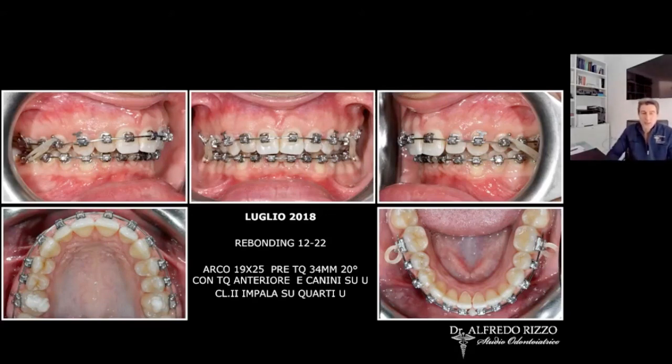In the upper, we use 19/25 arch again with a 20-degree positive torque. Take a look at how well the canines have uprighted so far. I need the positive torque in order to improve the bite class.